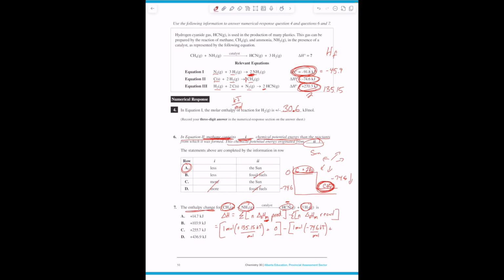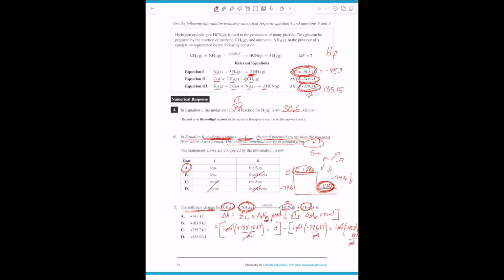Anyway, in my equation, I've got 1 mole. So 1 mole, dang, I'm going to run out of room here, times negative 45.9 kilojoules per mole. Okay, I'm going to squish this in. Kilojoules per mole. Okay, so moles cancel, moles cancel, moles cancel.